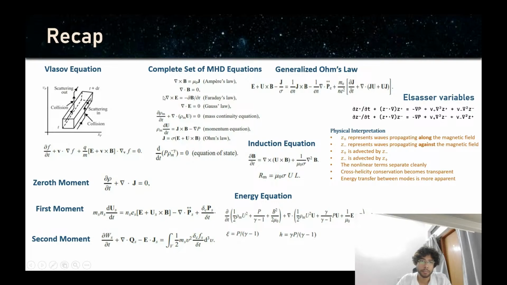We write the complete set of MHD equations like this, where the first four equations are just Maxwell's equations, which we are familiar with. The second equation consists of the continuity equation, which can be derived from here. As I said, J is nev, or neu in this case. If you multiply n with m, you get the density, so that's what is over here.